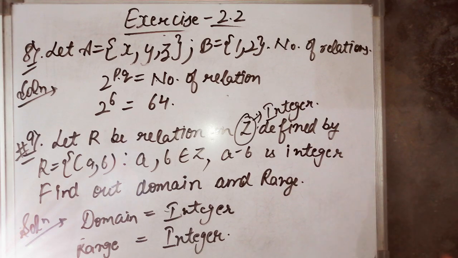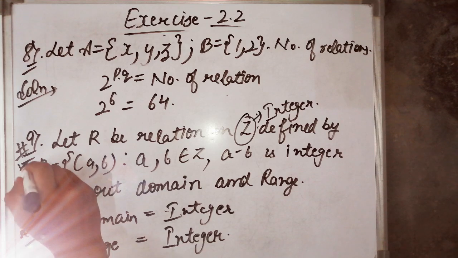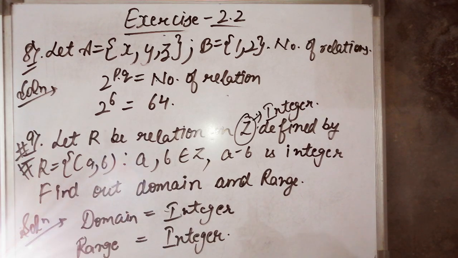This was quite a tricky question, and many times it is asked in your final exams. So this is a very important question. I'm again marking it with a hash.